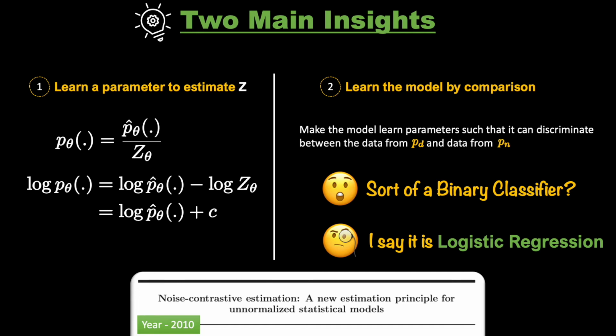With these two insights, the authors of the paper showed some exciting results on both synthetic and real data sets. I will not describe them, as I will talk next about how other researchers brought these ideas from this paper and applied them to the area of NLP. And then we will construct the objective function based on logistic regression or binary cross entropy, and explain why it works.